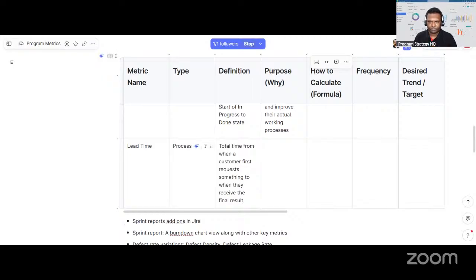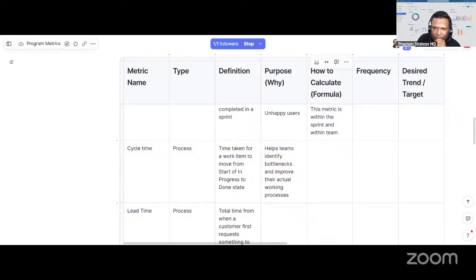Lead time helps identify bottlenecks and improve actual performance.